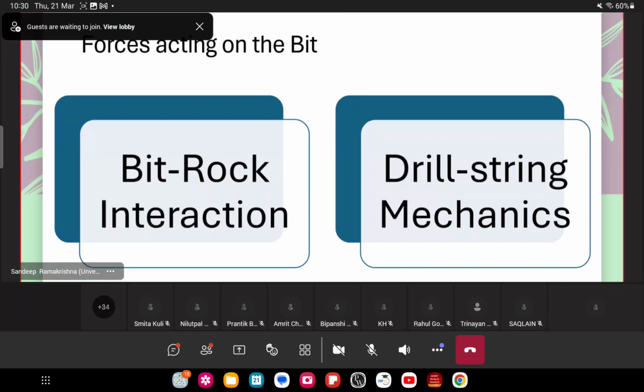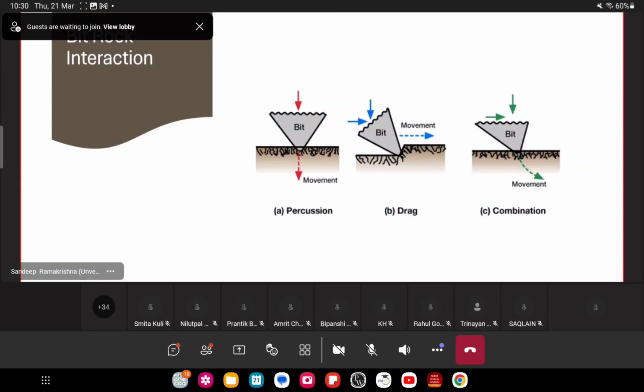So, bit rock interaction in a broad sense, we think of it in three different categories. Percussion, where the movement is directly on top of a rock. Drag is when it's pushing, the force is acting in two directions, top and to the side.